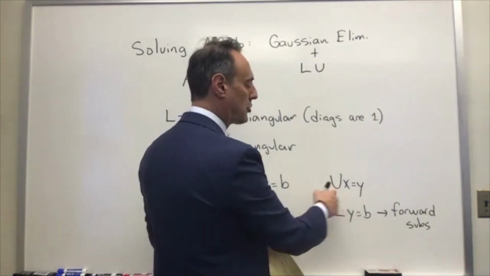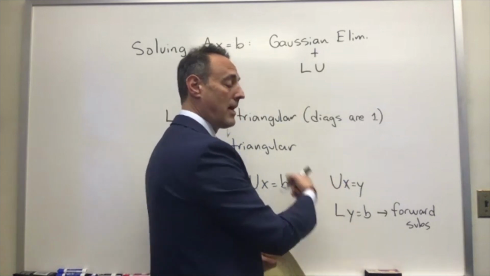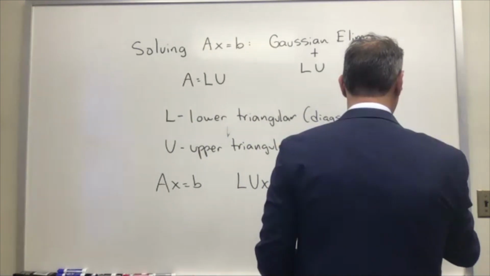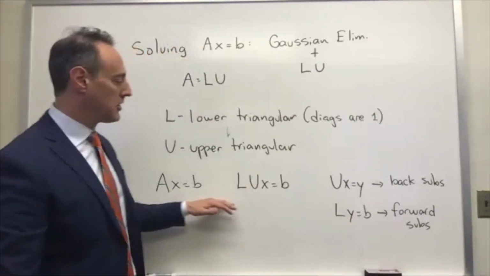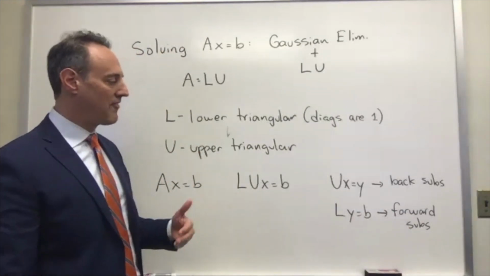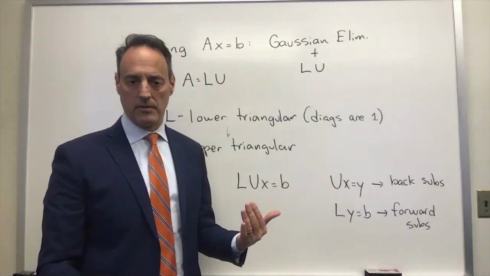Once I get that solution, U itself is upper triangular, and I can get x by backward substitution. That's the nice thing about this decomposition: it allows me just to do substitutions to get the answer.